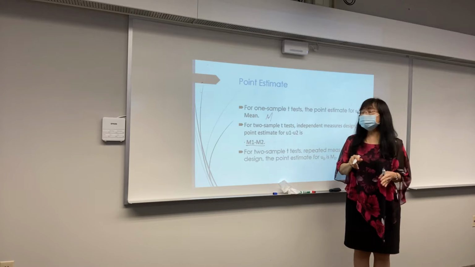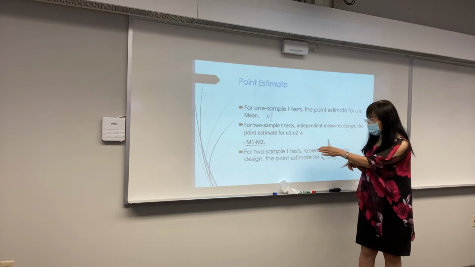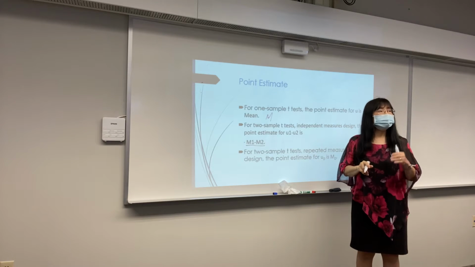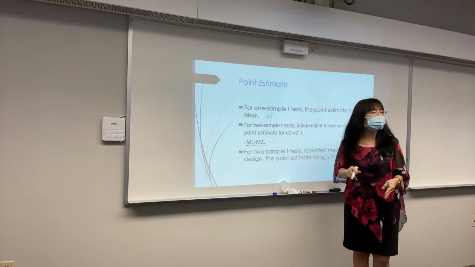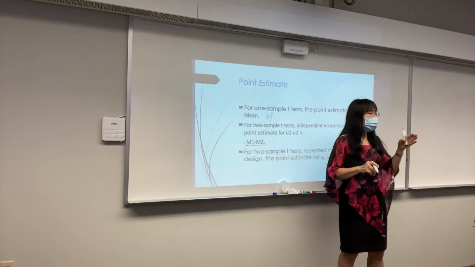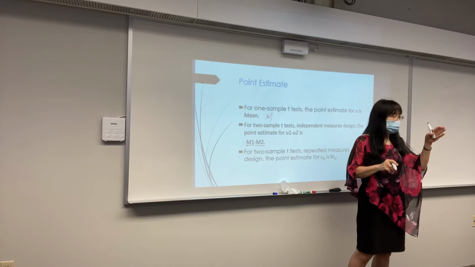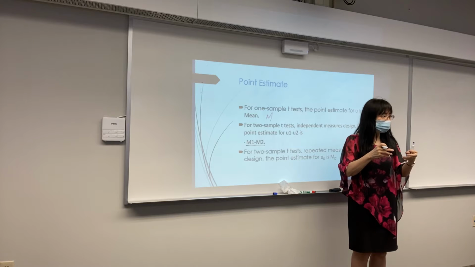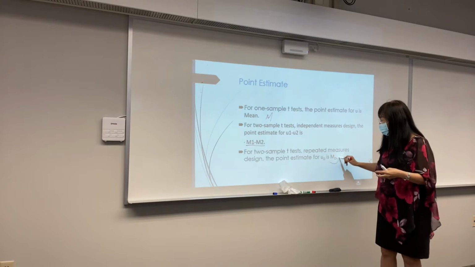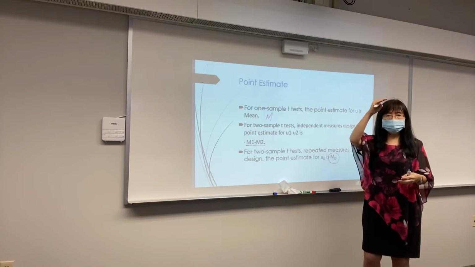Okay. When you do the dependent T, your point estimate is what? It's mu D, right? It's mu D, and you use MD. Okay, so that makes sense, right? So your point estimate is your starting point.